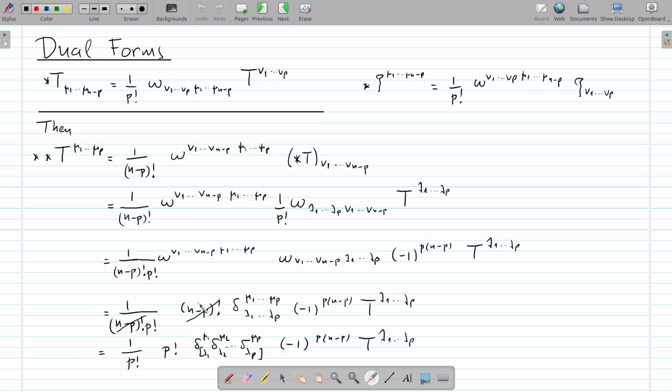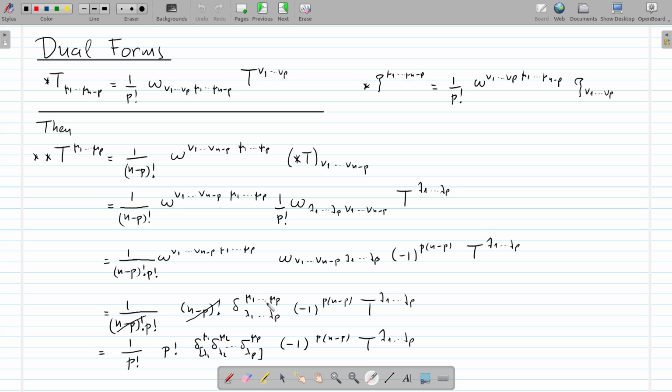So we do some simplifications here, and we also substitute the p delta symbol here by its equal, expressed as sums of products of delta functions.